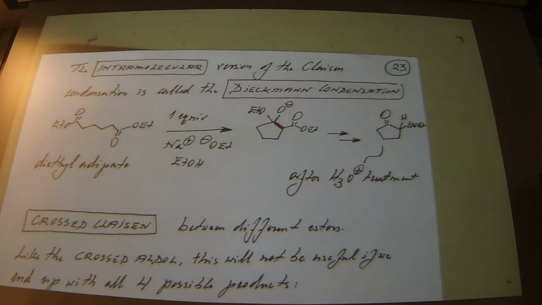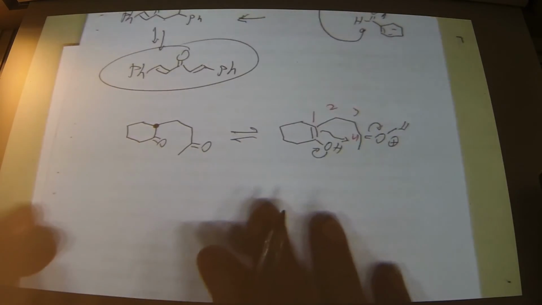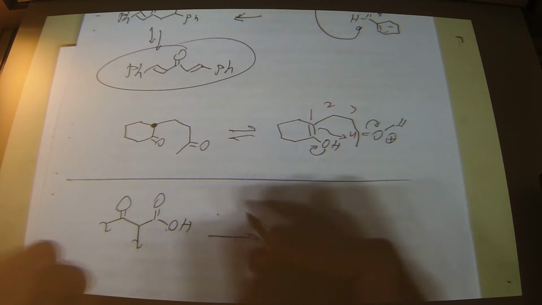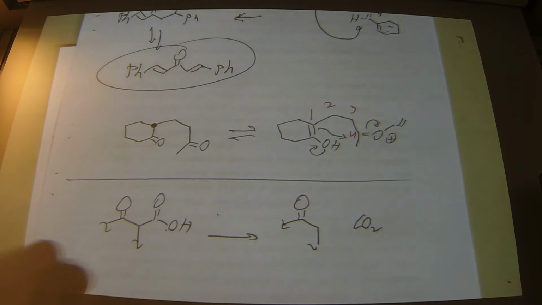Now, let me remind you of a reaction that you know. One of the reactions that we learned not so long ago was a decarboxylation reaction. Remember, we talked about the fact that if you have a beta-keto carboxylic acid, like so, with mild base or acid and heat, you can split out CO2 and end up with a carbonyl.